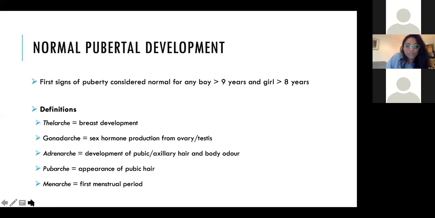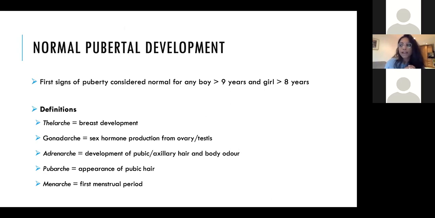Right, next. Okay, so I thought I'll start with normal pubertal development. So what is puberty? Puberty is when you have development of secondary sexual characteristics and reproductive function, essentially. In girls, the onset of puberty normally happens between the ages of 8 and 13, and in boys it's 9 and 14.